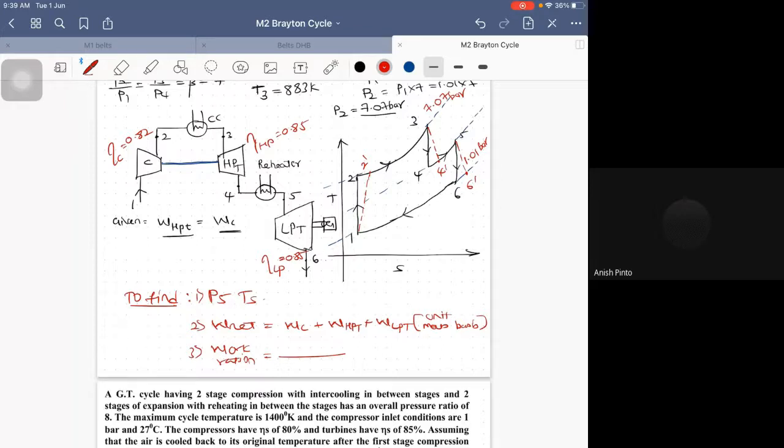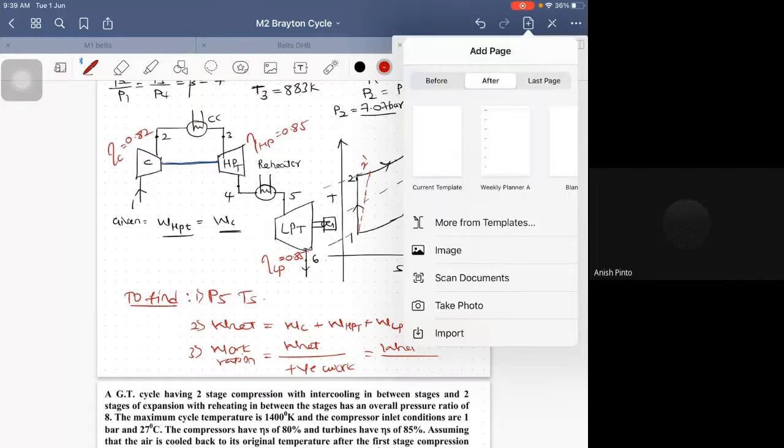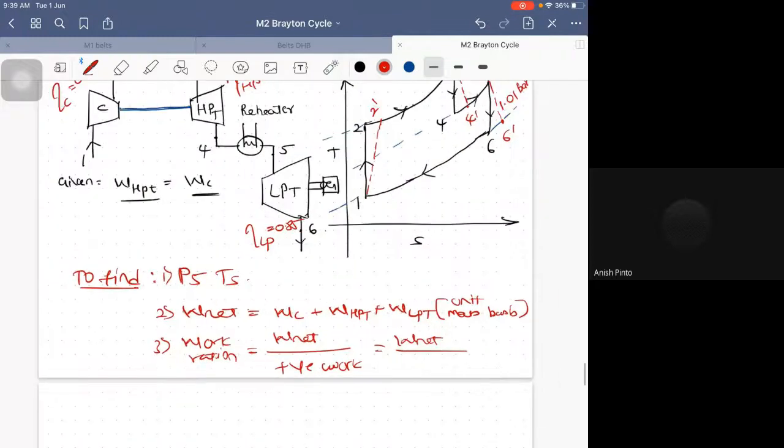Okay. So W net, you will have the value here. So no issue. W net divided by what is positive work here? How many positive works are there?